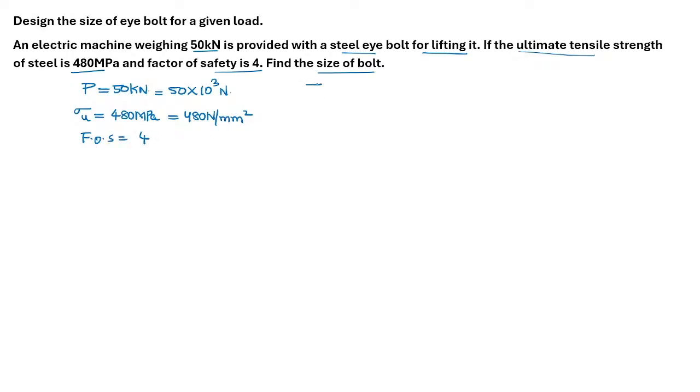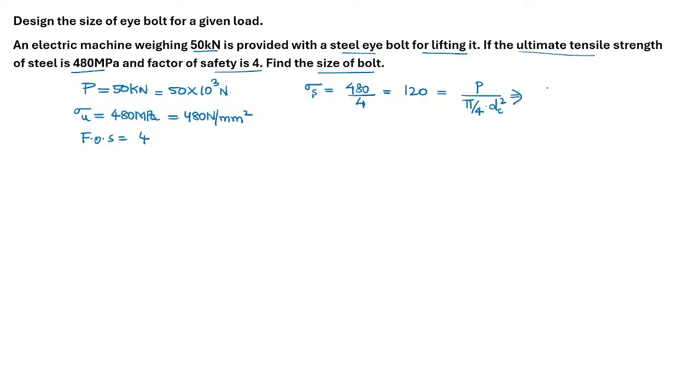Now safe stress sigma is equal to 480 divided by 4, which is also equal to 120 megapascal. And this is also equated with load divided by area. That is, area of the eye bolt will be pi by 4 times of DC square. As there is only one eye bolt used, the value of N will be equal to 1.